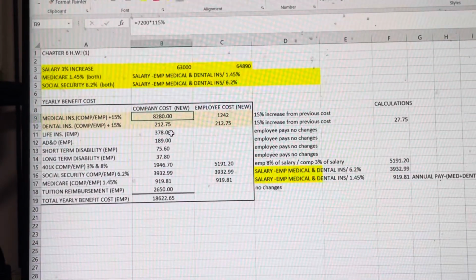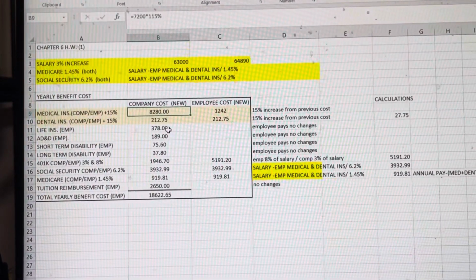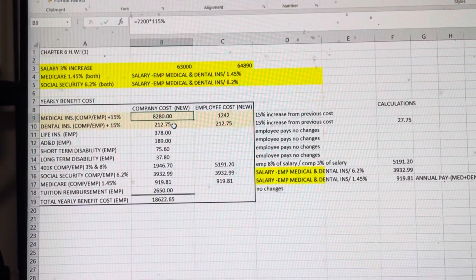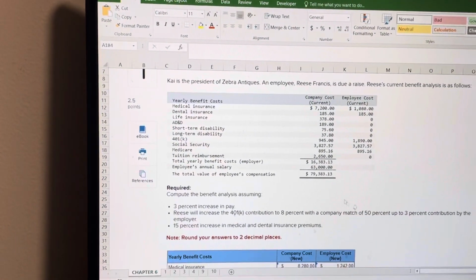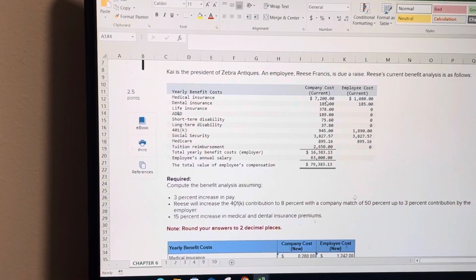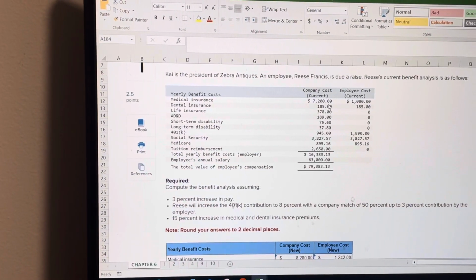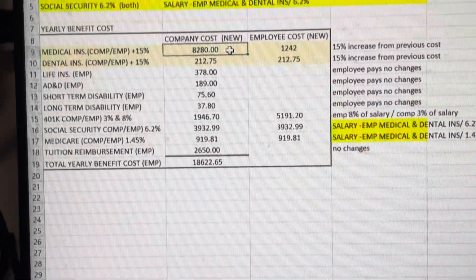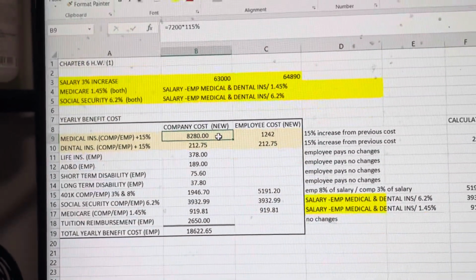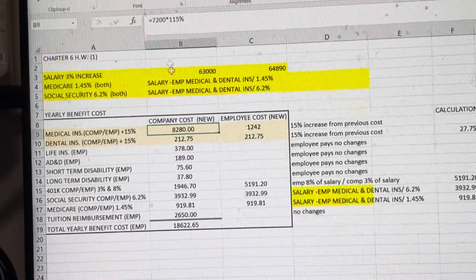So this is the answer. As you can see here, the medical is $7,200, and then with a 15% increase, this is how to calculate it.